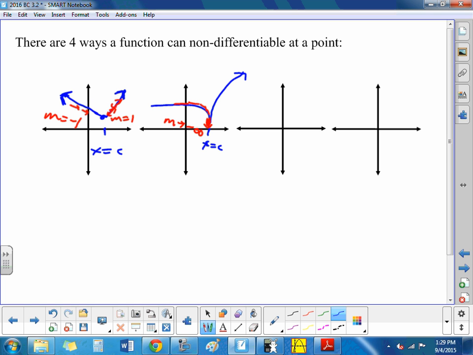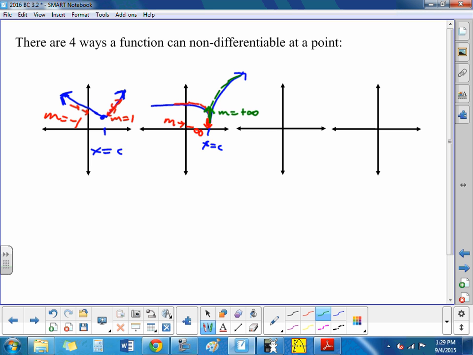And then on the right side, all the slopes are positive. And as you come towards x equals c, those slopes are approaching positive infinity. So you can have this situation as well, and this would also be considered a sharp turn. In fact, it's razor sharp, okay? And the slopes are opposite infinities.